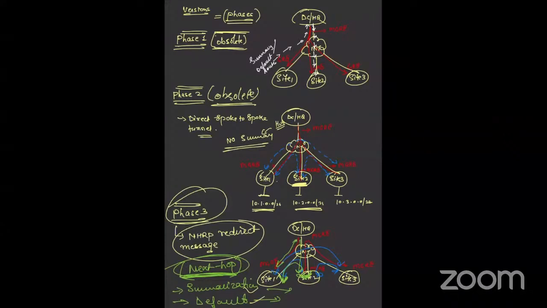So can we implement DMVPN with mGRE? DMVPN is a Cisco technology, first of all. So what will be the other solution for this kind of scenario, where I have a hub side with one vendor and the spoke sides are all different vendors, Juniper, it can be Huawei? Right now, SD-WAN is the thing which can replace this.